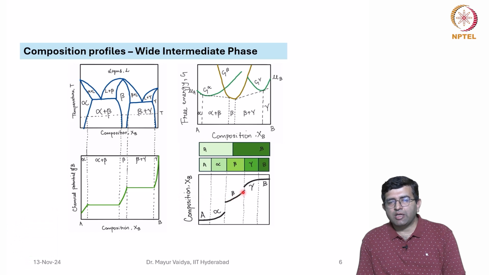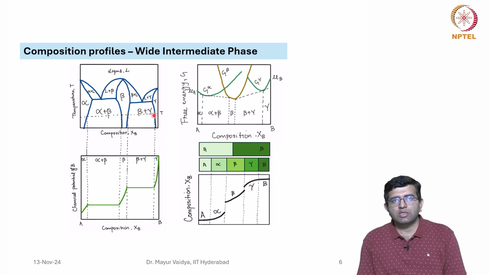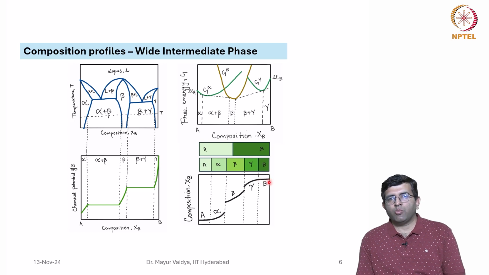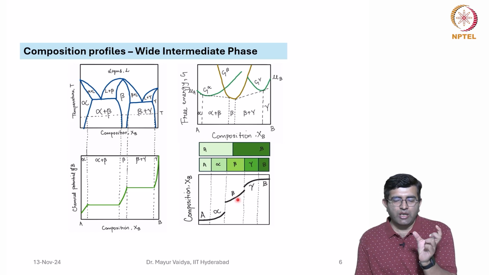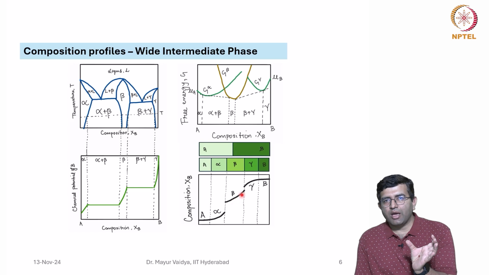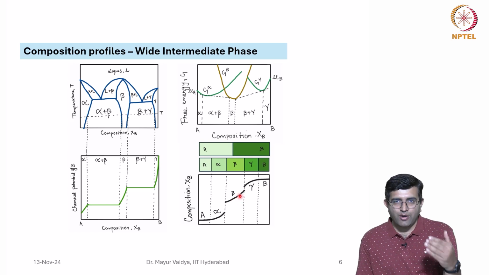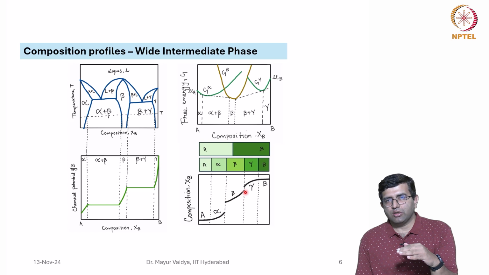Within the beta phase, the composition increases to a point here, which corresponds to this point in the phase diagram. And then again there will be a jump in composition and you will have the gamma phase starting, which is represented by this point here, and then the composition of gamma will increase up to this point here, after which it is pure B. The difference you can notice is that in the beta phase, when there is a wide intermediate phase, you can also have a compositional gradient, whereas in the case of the narrow intermediate phase, it appears almost horizontal.